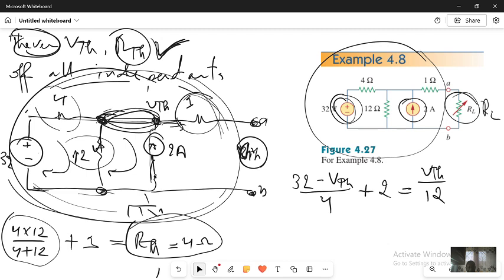We discussed this in KCL and nodal analysis. We don't need to put VTh minus 0, since 0 is 0. No need to put this current, because no current will flow here since it is open.